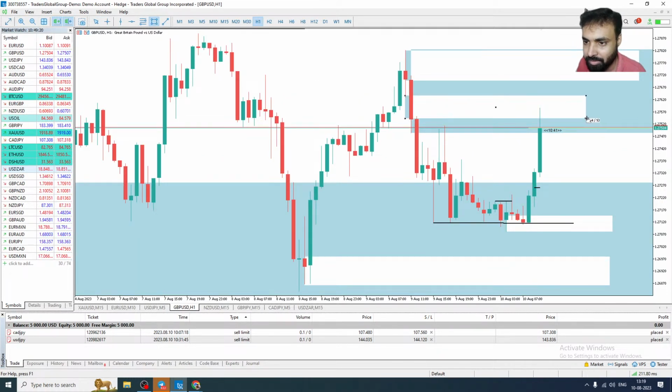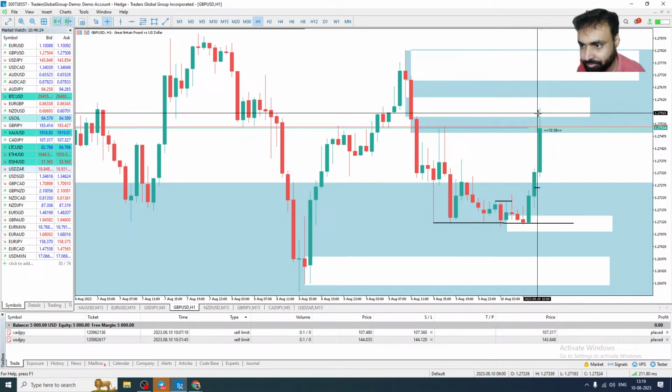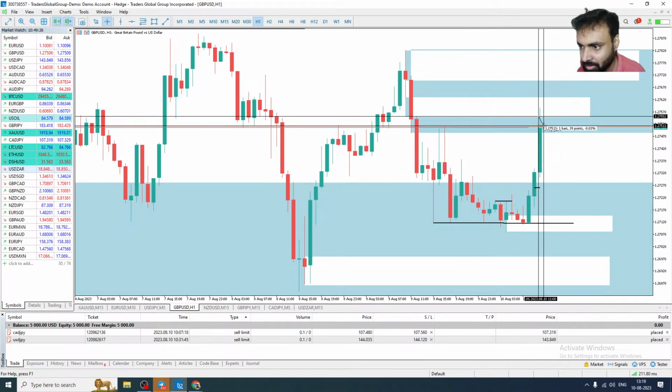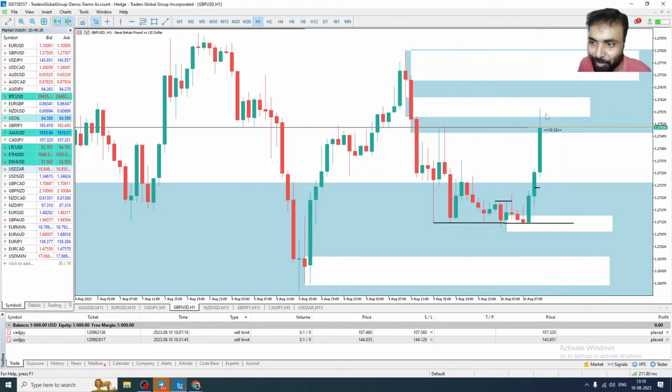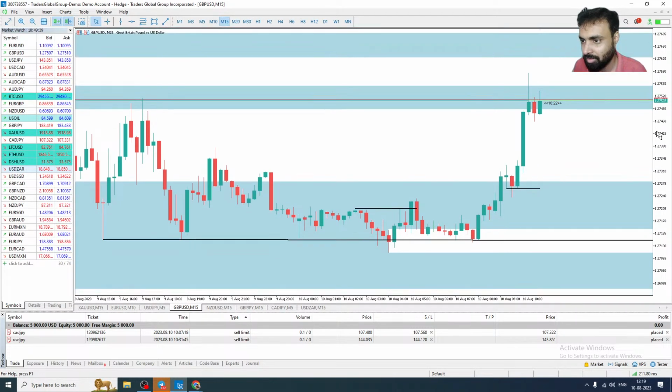If I sell from here, maybe you would have made at least some 39 points. It's very, very low. The point here is it's an imbalance filling. It's not a trading area. Imbalance filled. Now the market is trying to push up.